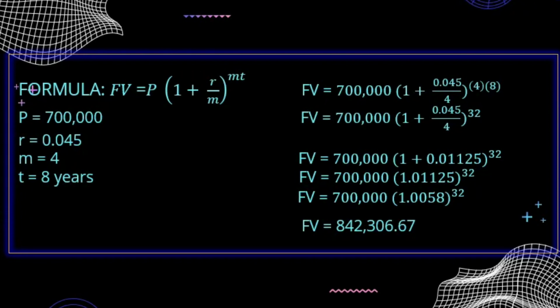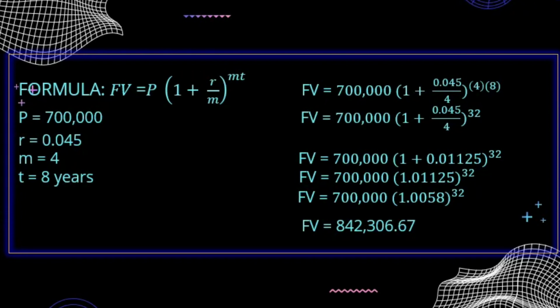Second thing we need to do is divide 0.045 by 4. The answer is going to be 0.01125, and if you add 1 plus that, the answer is going to be 1.01125.